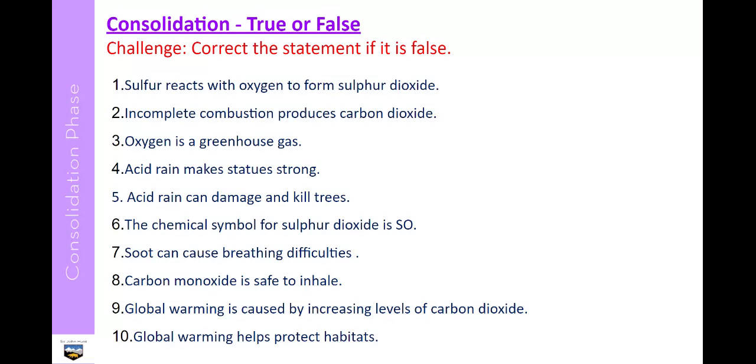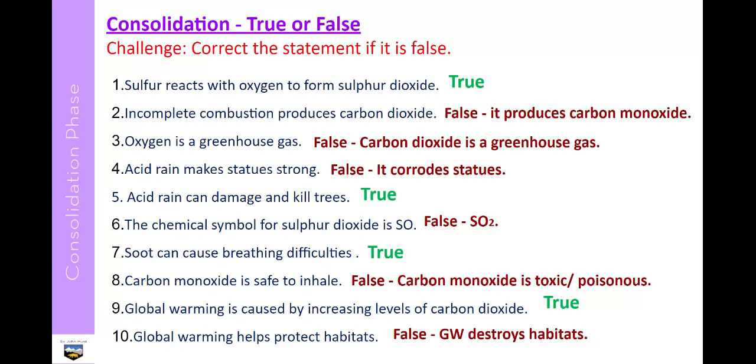So answers are as follows. The first one was true. Second one was false because incomplete combustion produces carbon monoxide. 3 was false. Carbon dioxide is the greenhouse gas, not oxygen. 4 was false. Acid rain weakens statues or corrodes it or weathers it or breaks it down. 5 was true. 6 was false.